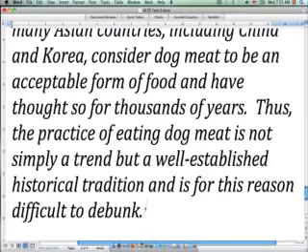So what we're saying here is that because this is such a long tradition, and people have been eating dog meat for thousands of years, and it's quite established, it's difficult to simply say, oh, okay, this shouldn't be done anymore. So thus the practice of eating dog meat is not simply a trend, but a well-established historical tradition, and is for this reason difficult to debunk.